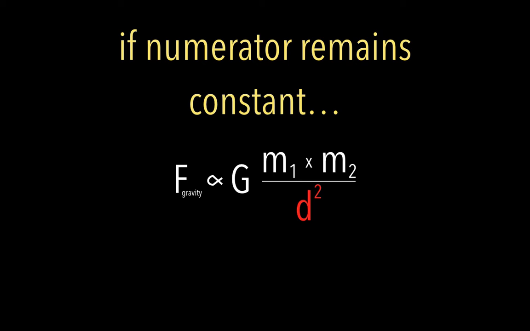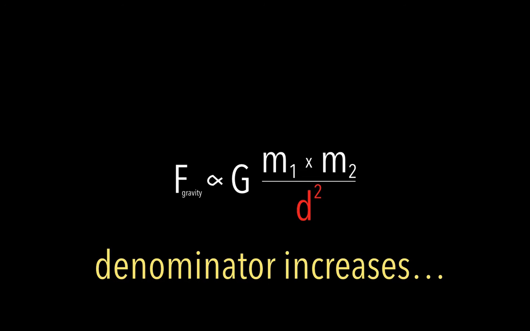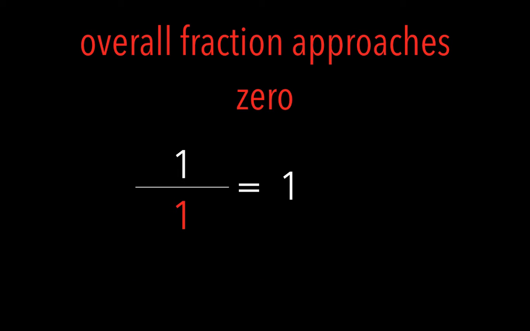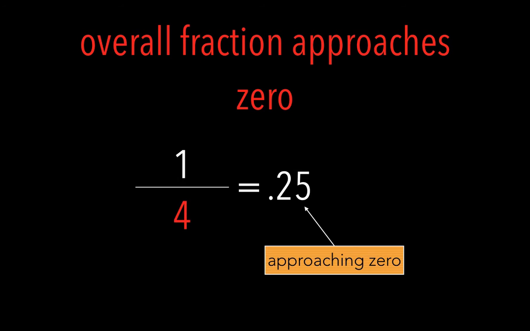Now assume that the numerator remains constant. Assume that the masses remain the same. And now we're looking at distance. Just in mathematical terms, if the denominator increases, the overall fraction approaches 0. As an example, 1 over 1 is 1. 1 over 2 is half. 1 over 3 is 0.33 repeating.